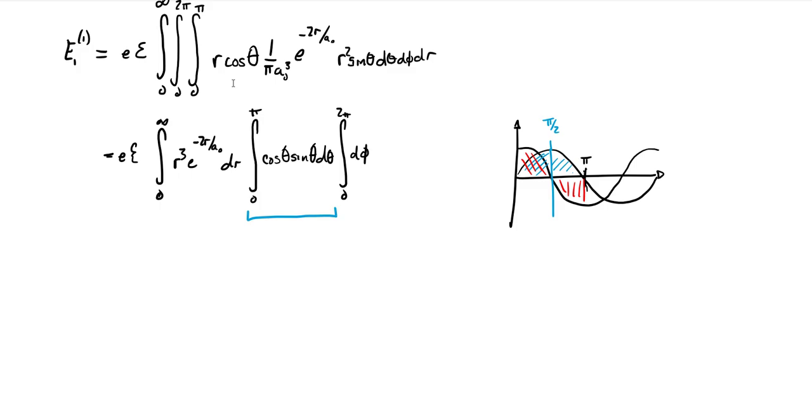The blue area to the left times the red area to the left is going to be positive and equal in magnitude to the blue area on the right times the red area on the right, which is negative. Hopefully you can see that this is equal to 0. So our first order energy correction to the ground state of hydrogen due to this electric field is 0. The electric field has no effect on that ground state of hydrogen.